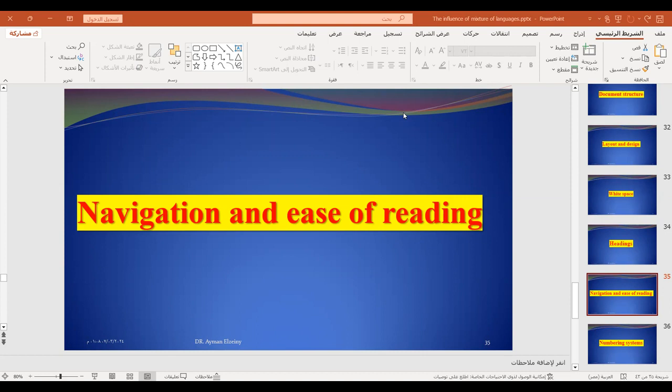Signposting techniques such as running headings or headers on each page, or lists of contents, or indexes. Such techniques are now beginning to appear in legislation.